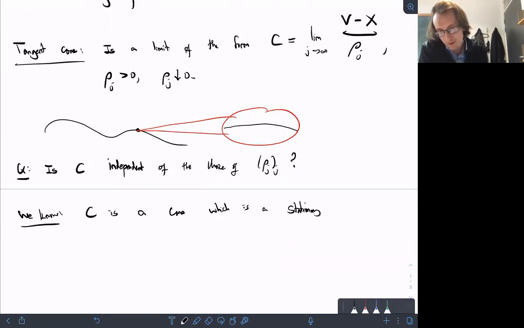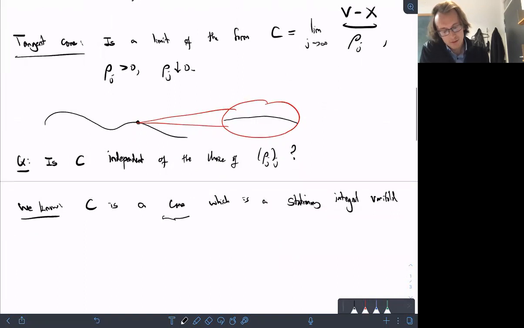These are some well-known compactness theorems that can be found in Leon Simon's book on geometric measure theory. And by a cone, I basically just mean that if I multiply C by some constant, I get C back. So it's scale invariant.